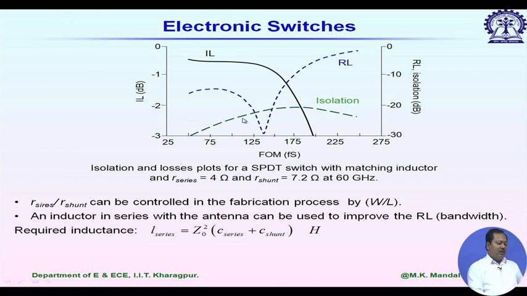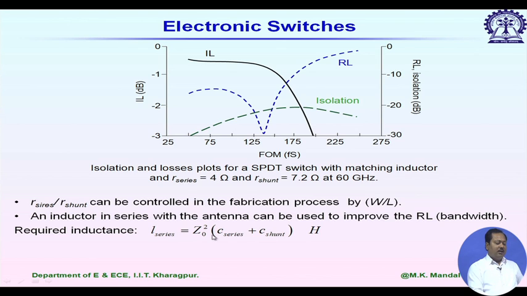In this particular example, isolation and loss plots for an SPDT switch with matching inductor. When we add a matching inductor, we add a small value of inductor in series with the switch, and the value of inductance L series can be given as Z0 squared multiplied by C series plus C shunt.